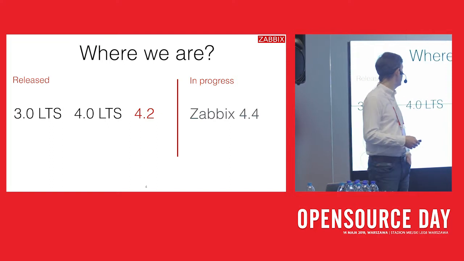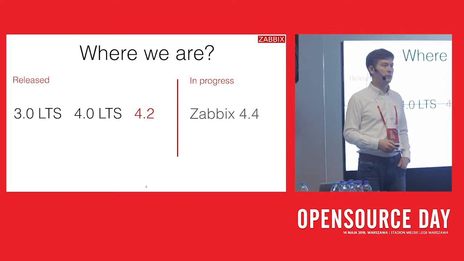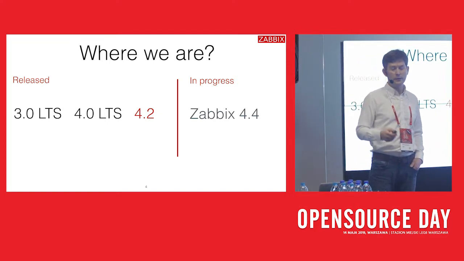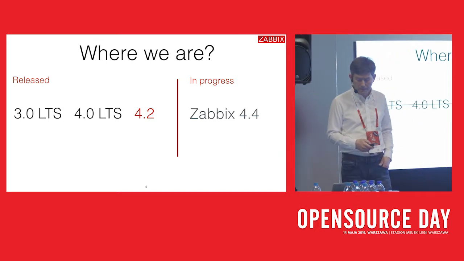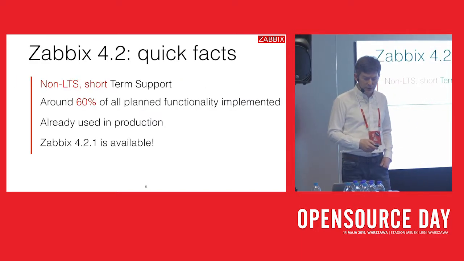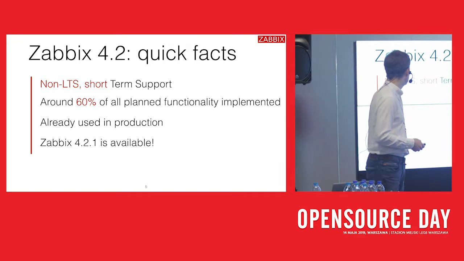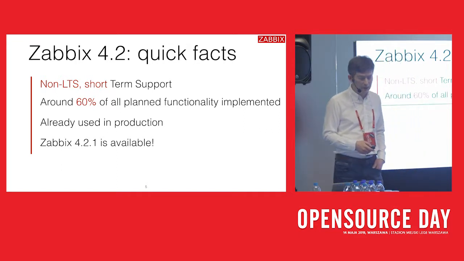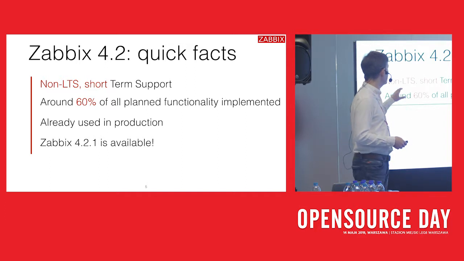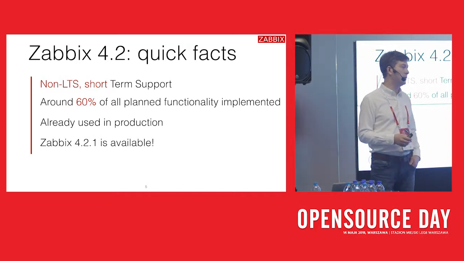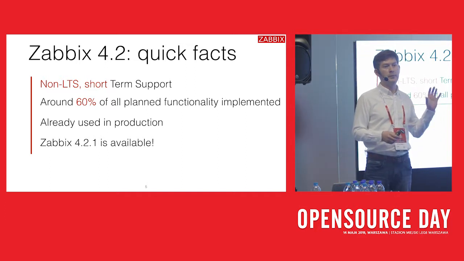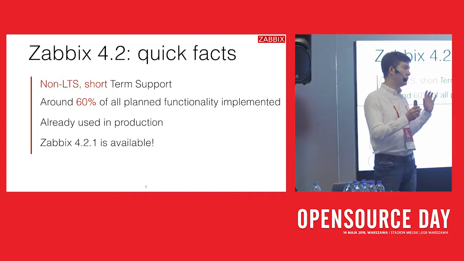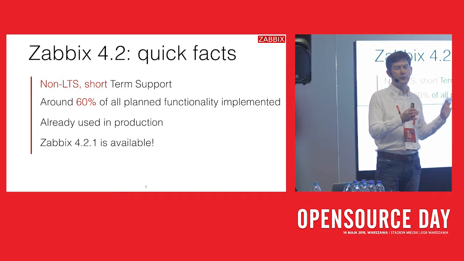Currently we are working on Zabbix 4.4. I will talk about Zabbix 4.4 later on today. Just some quick facts about 4.2. Yes, it's non-LTS. It consists of about 60% of all planned functionality, because we had a publicly available roadmap for Zabbix 4.2, and we managed to implement around 60% of what we planned.